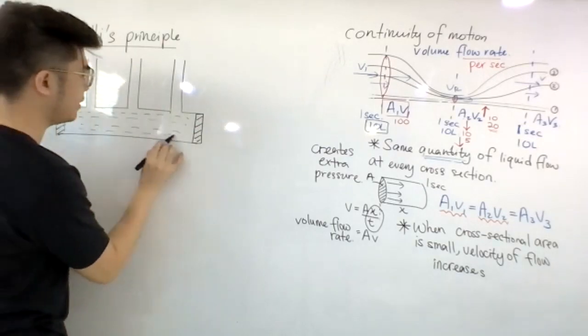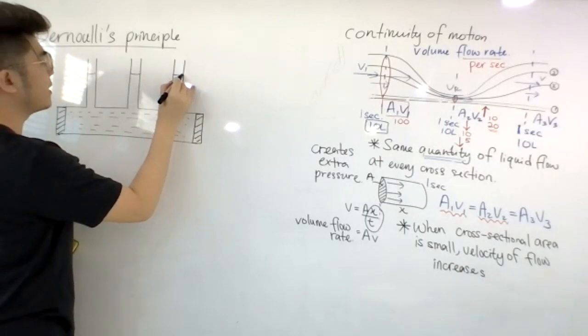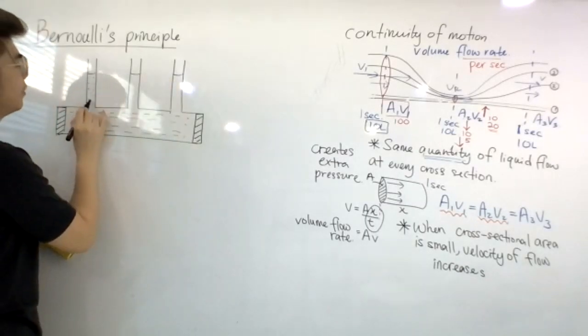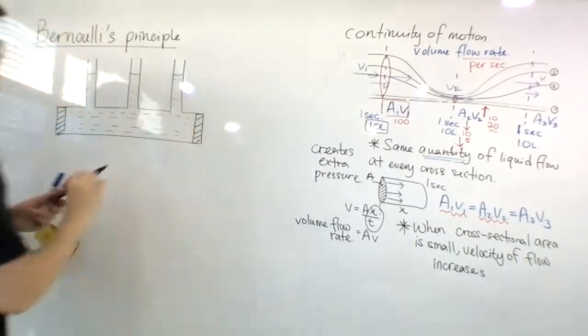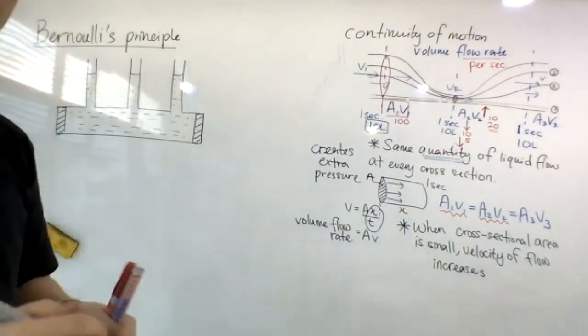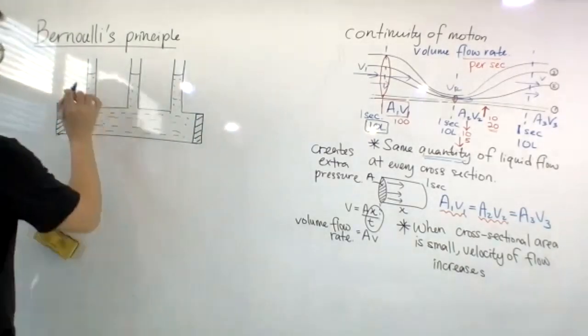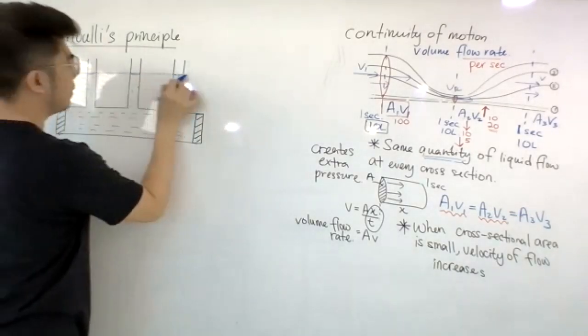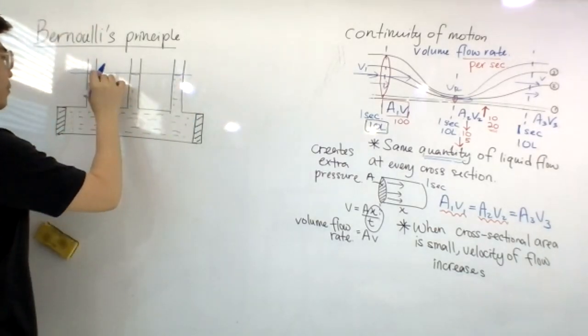At first, I noticed that the water column is at the same level. Why should it be at the same level? You have learned from liquid pressure. Pressure is the same at the same level, right? So if I draw a line here, they're all having the same height, h.